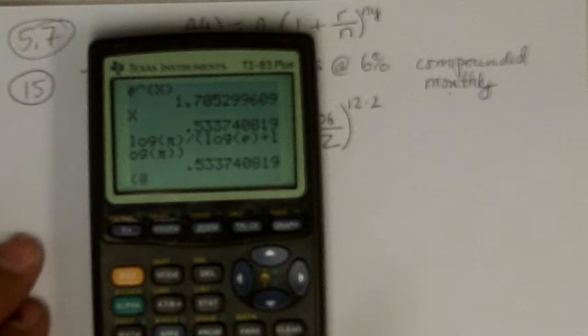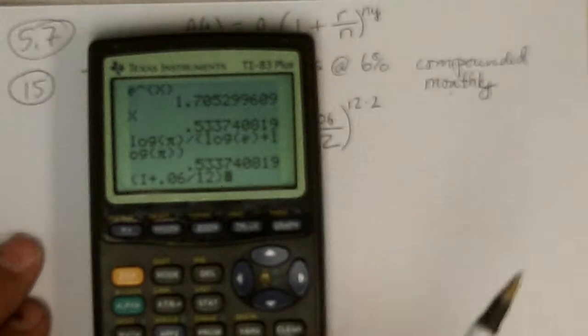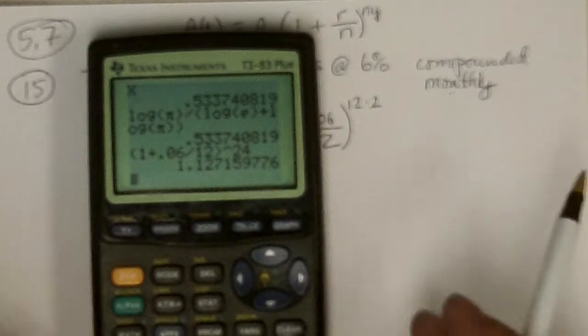In the parentheses I have 1 plus 0.06 divided by 12, and then it's to the 2 times 12, which is 24, and I get this number.